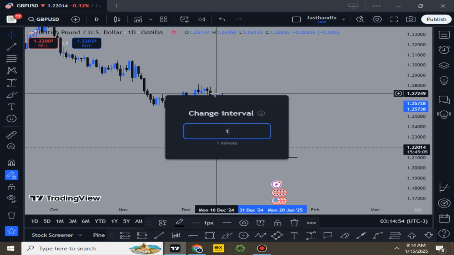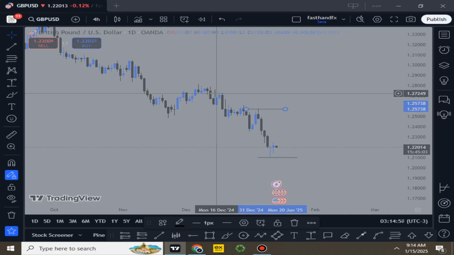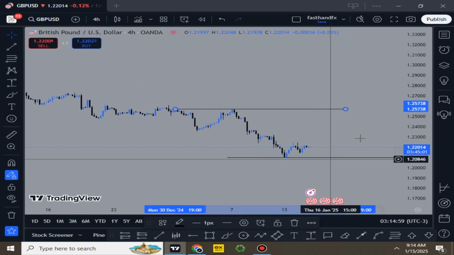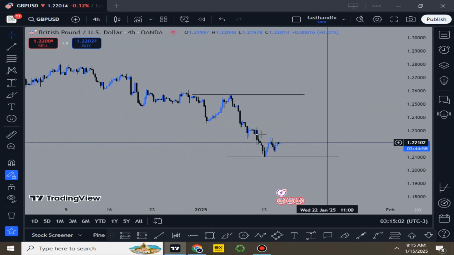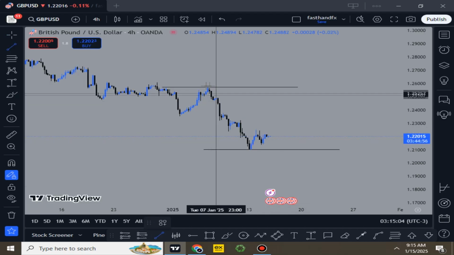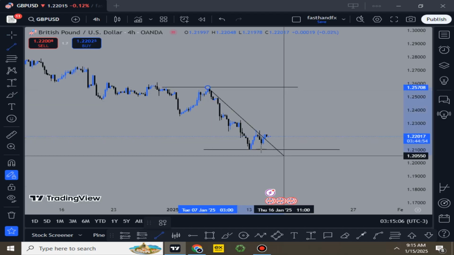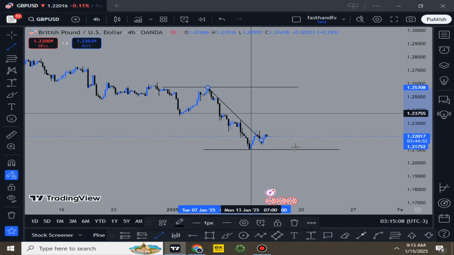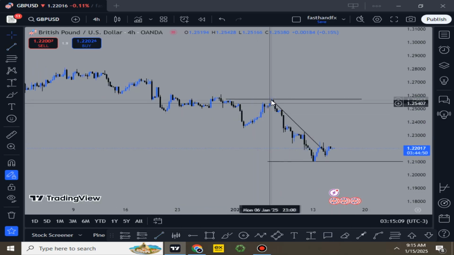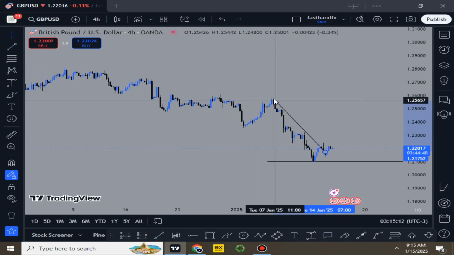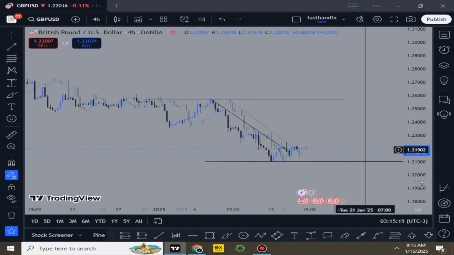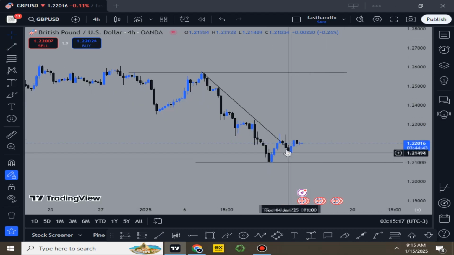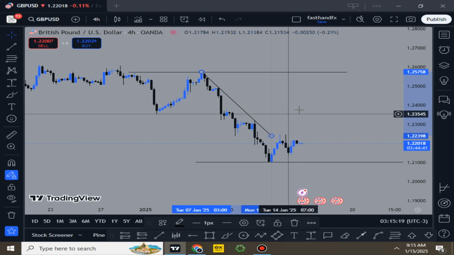So we go to the H4 real quick and see what the market is doing on the lower time frame, right? This is what we have based on the lower time frame. We've seen we had this trend right there. Correct.